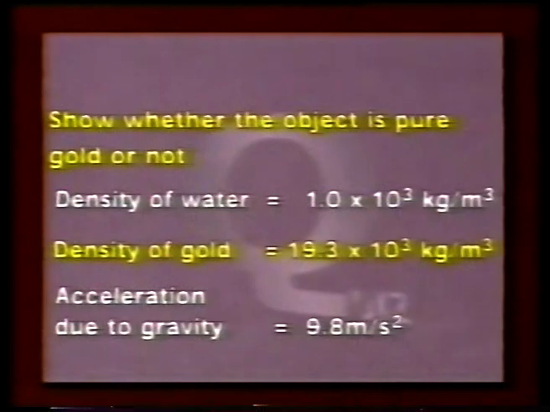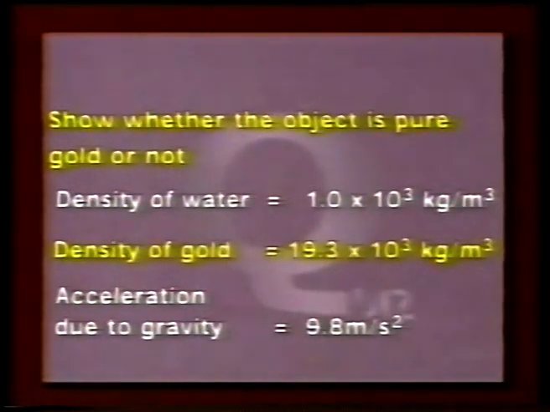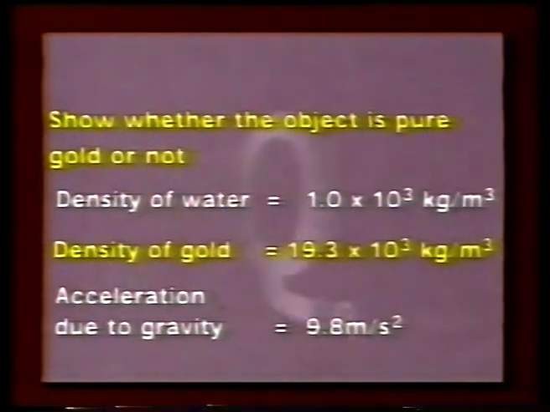Show whether the object is pure gold or not. Density of water is 1.0 × 10^3 kilogram per meter cubed. Density of gold is 19.3 × 10^3 kilogram per meter cubed, and acceleration due to gravity is 9.8 meters per second squared. That, viewers, is the problem of the day.